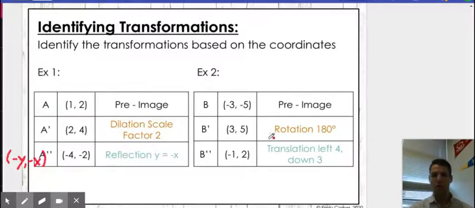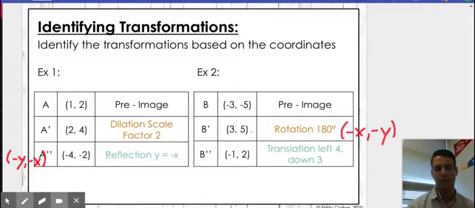In number 2, we have kind of a similar start. We're going from pre-image to a rotation of 180 degrees. So a rotation of 180 degrees, we know, is negative x, negative y. So if your x and y points are only becoming positive and nothing else is changing, the only option you would have would be rotating it by 180 degrees.